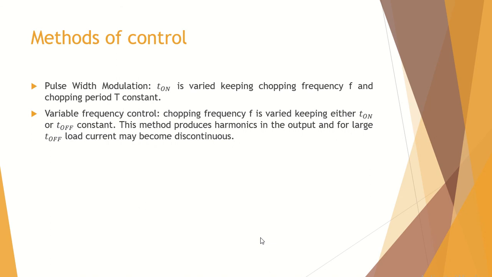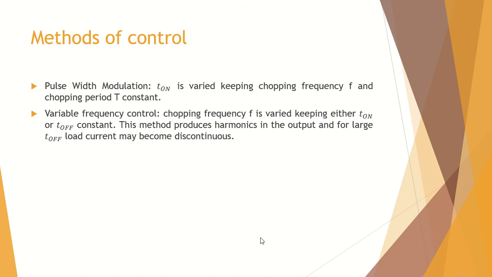Either we keep the time period constant and we vary the on time, that is known as the pulse width modulation technique. And if we keep the on time constant and vary the time period, that is the variable frequency control.